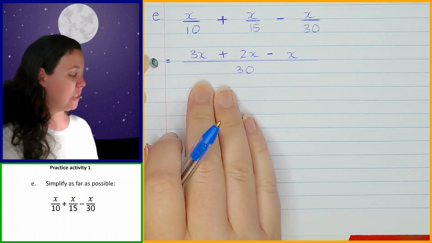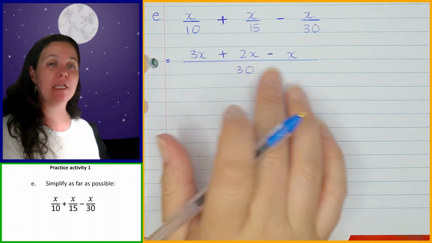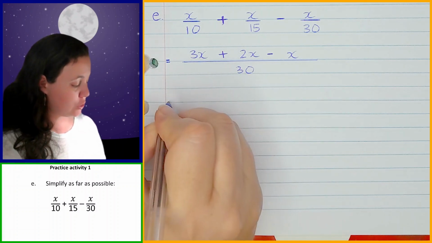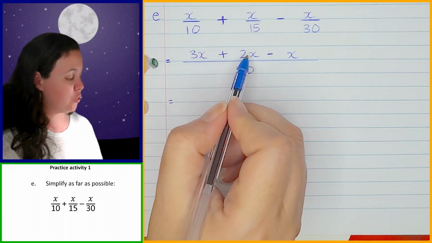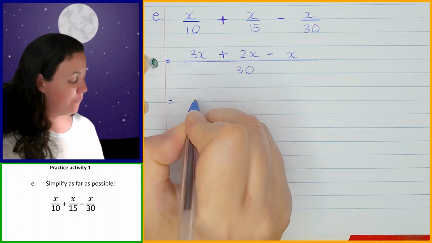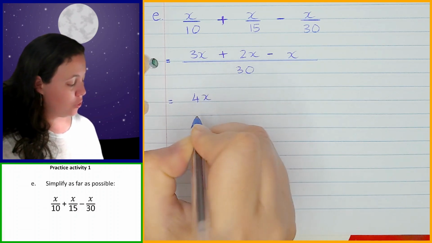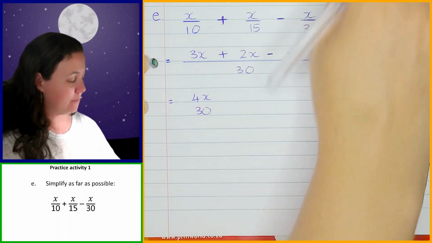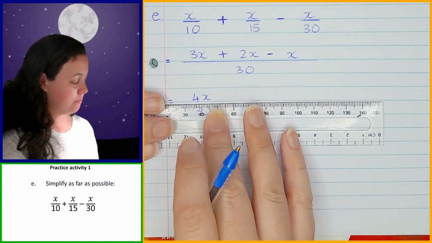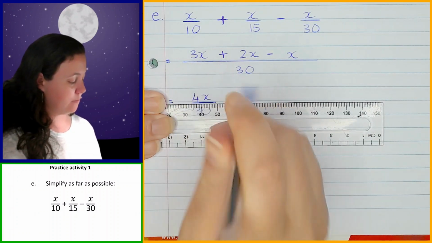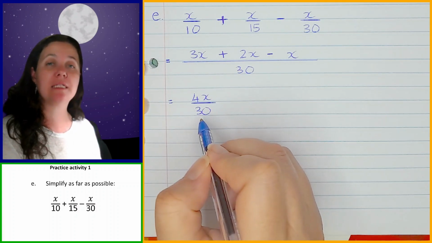Okay, so now I'm going to go and simplify the numerator over here because these are like terms. So I've got 3x plus 2x minus x. That gives me 4x over 30. Okay, so now I need to look and see if I can simplify this.